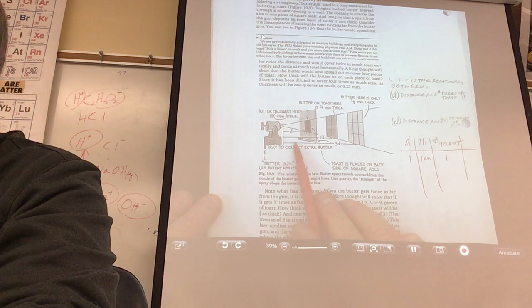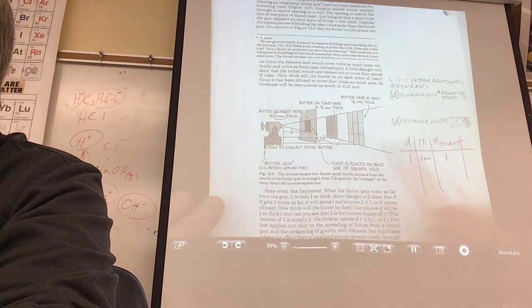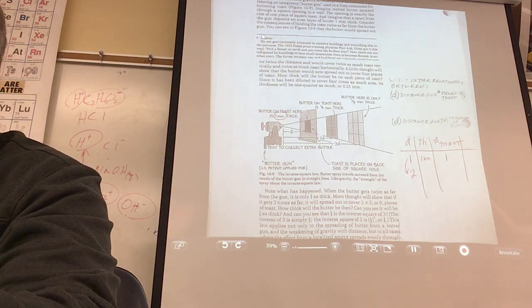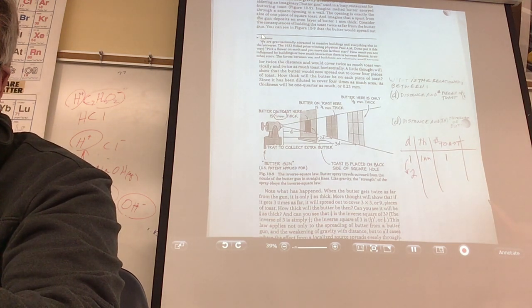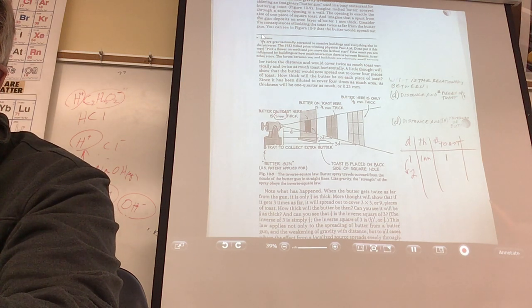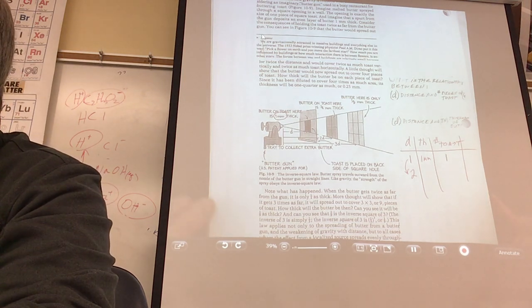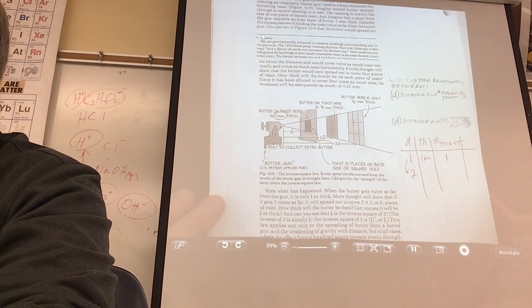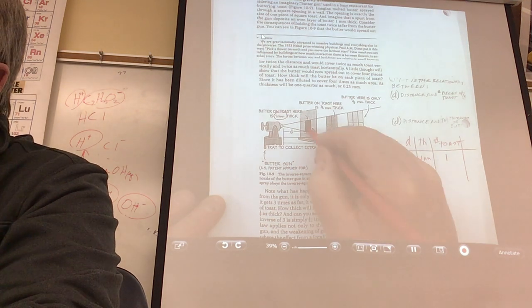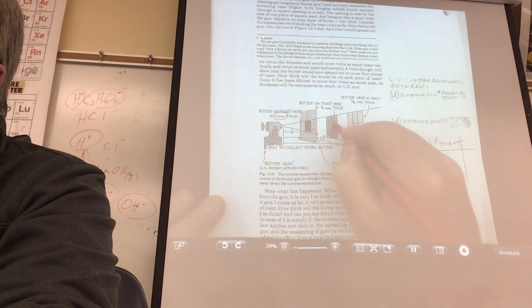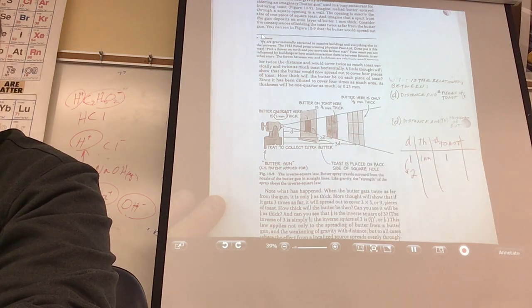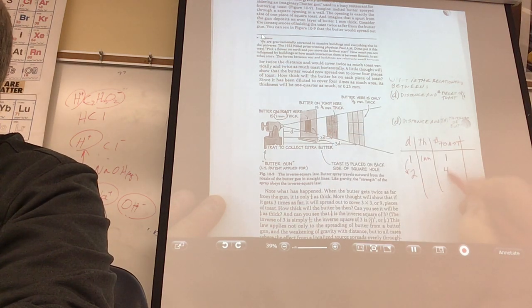Now, watch what happens when you move this device twice as far. So the distance got what? Twice. 2 times bigger. What happens to the number of pieces of toast that can be buttered? How many? 4.